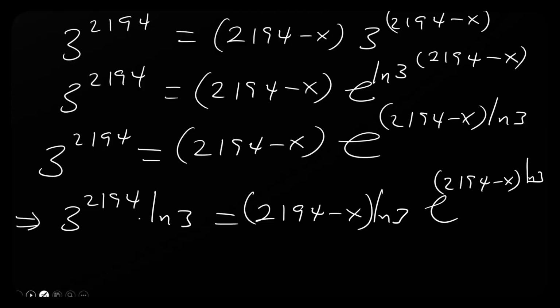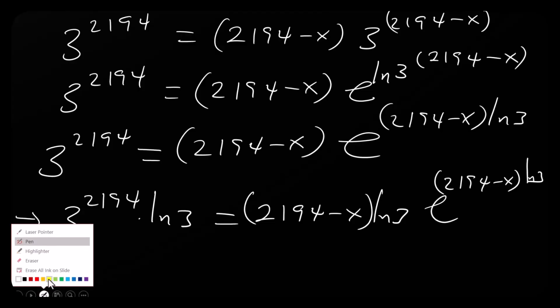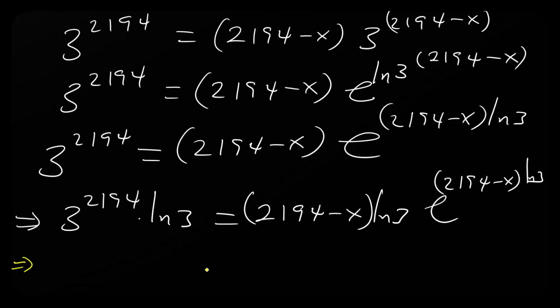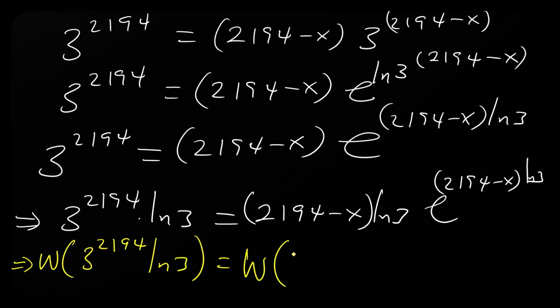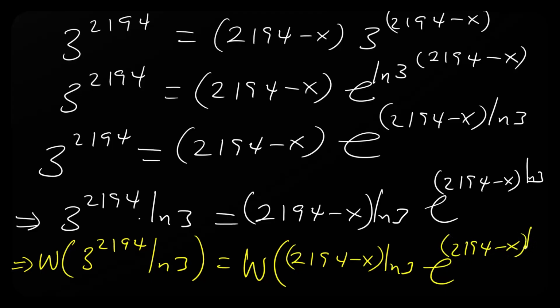Okay, now the next thing is to take the Lambert W function. Since this one is equal to that, let's go ahead and take the W function of that. So 3 raised to 2194 ln of 3, and we have the W function of everything here: 2194 minus x ln of 3, e raised to 2194 minus x ln of 3.